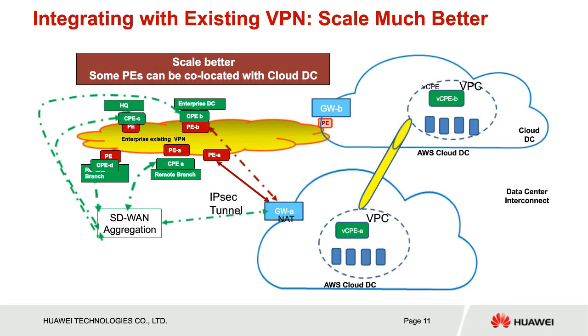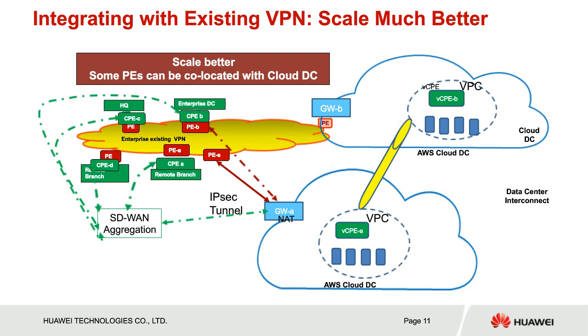Another approach: suppose you are a network service provider and you already provide VPN to this enterprise. You can put your PE in a direct connect to some popular cloud data centers, so that you can offer extended services to enterprises who wish to place workloads in the cloud DC.